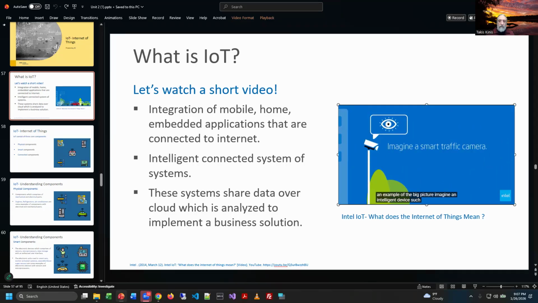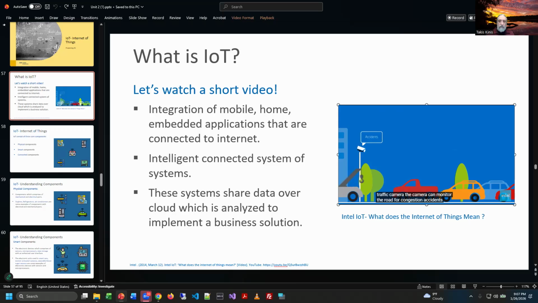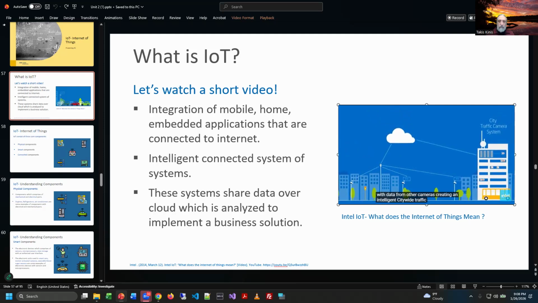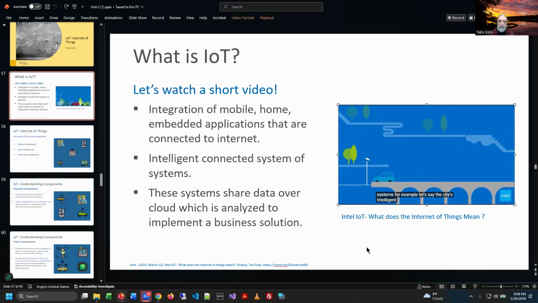Imagine an intelligent device such as a smart traffic camera. The camera can monitor the road for congestion, accidents, and weather conditions, and communicate that status to a gateway that combines it with data from other cameras, creating an intelligent citywide traffic system. Now, imagine that intelligent traffic system connected to other citywide transportation systems, which get data from their own intelligent devices, creating an ever larger intelligent system of systems. The really big possibilities come from analyzing the end-to-end data across that system of systems. For example, let's say the city's intelligent traffic system detects massive congestion due to an accident.